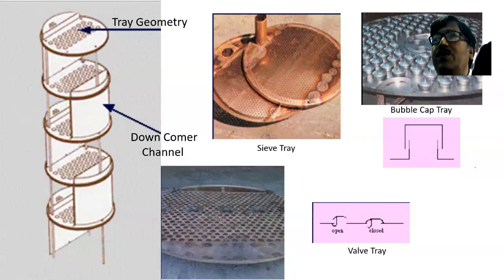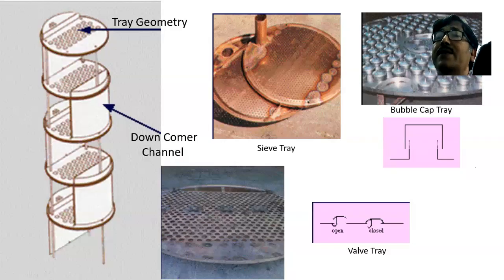The main reason for using plate columns is that they have more flexibility, more adaptability at cryogenic temperature, whereas packing materials are not very adaptable at this low temperature operation.